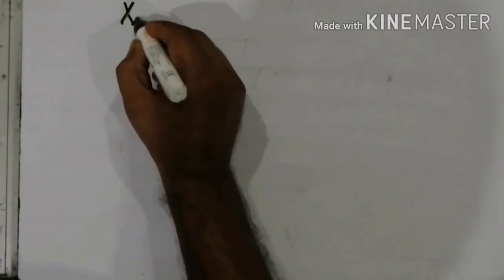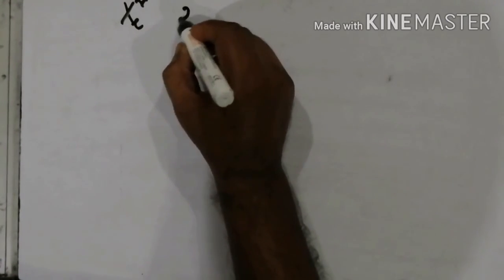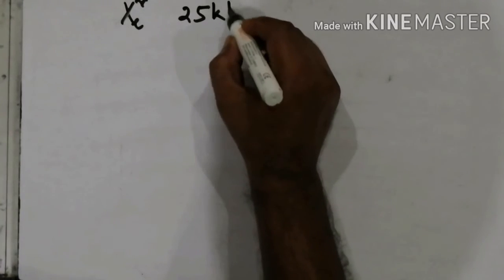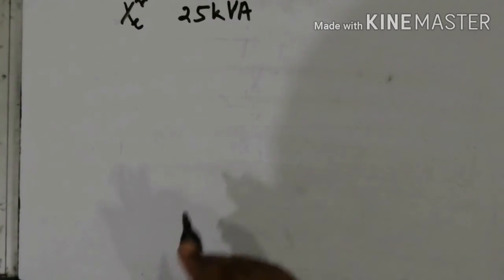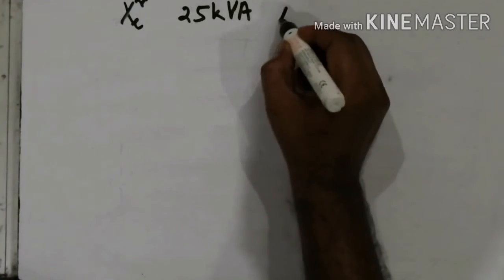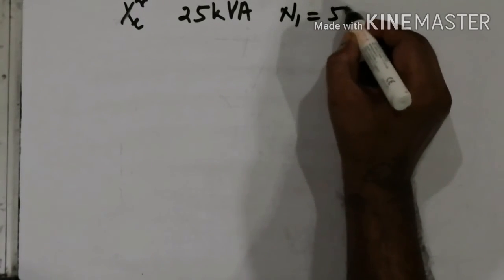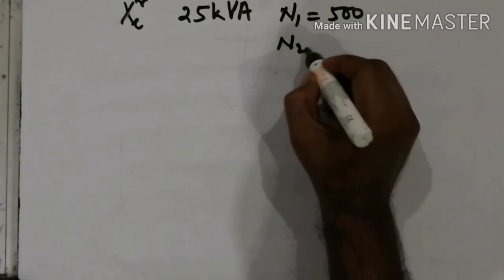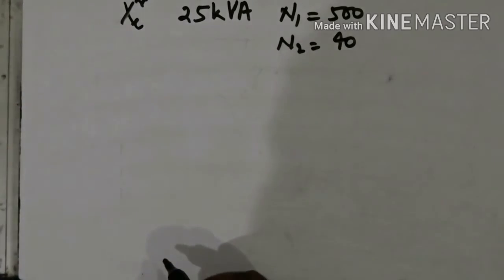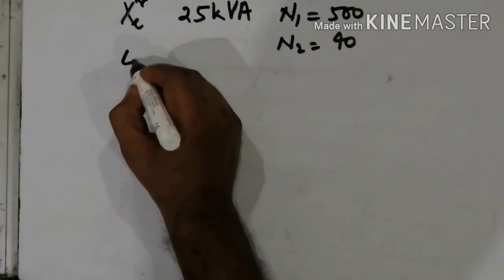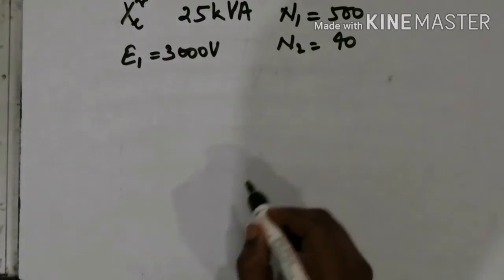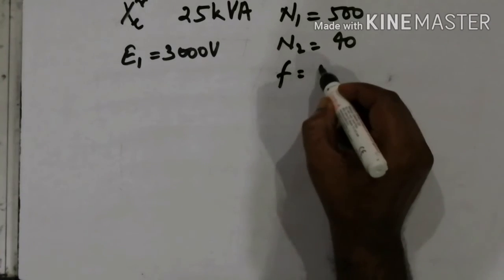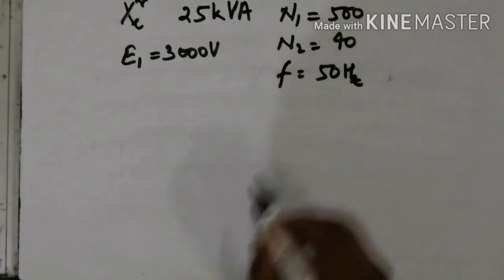An ideal transformer is here with a rating of 25 kVA, 25 kVA transformer. Number of turns in the primary, that is N1, is 500 and N2 is 40, right? EMF at the primary side is 3000 volt and the frequency is 50 hertz, right?